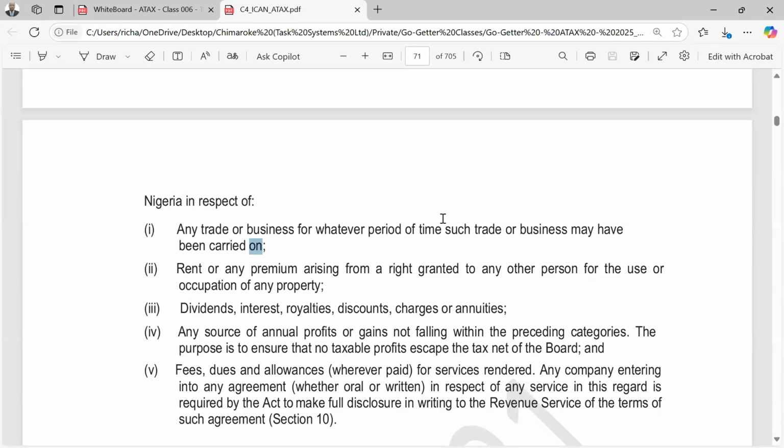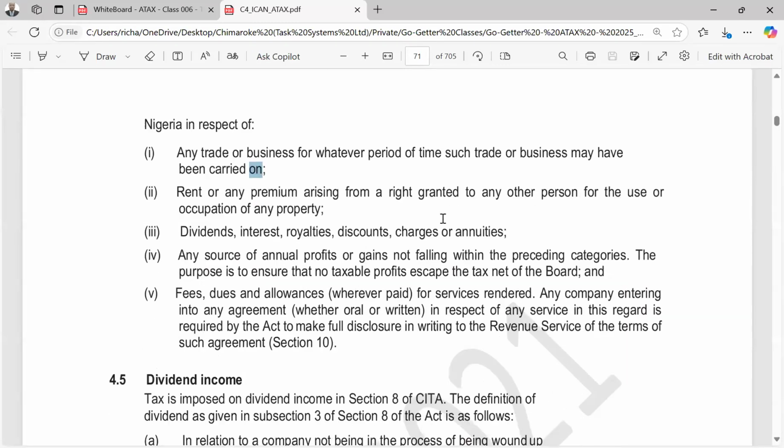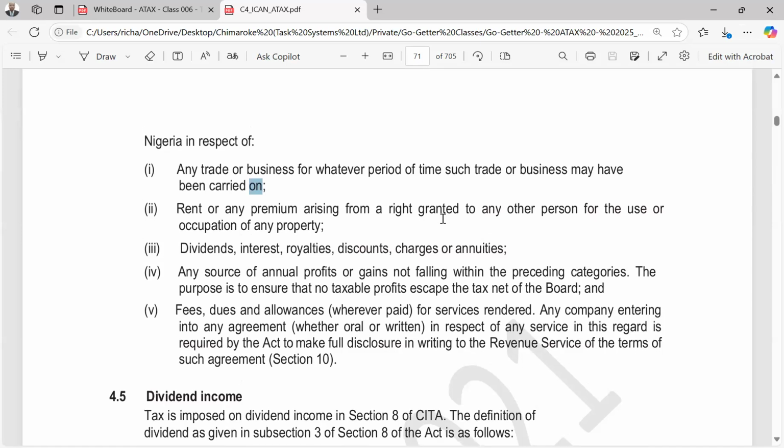What are dividends? Dividends arise as a result of you buying shares in a company. When you buy shares in a company, you become a shareholder. And what is the payment or the earnings for being a shareholder? You receive dividends. For interest, instead of being a shareholder, you are lending to the company.